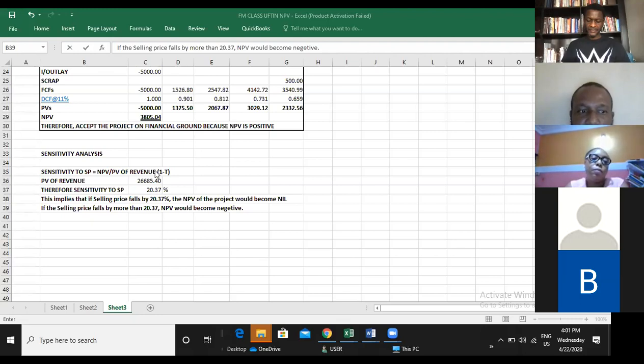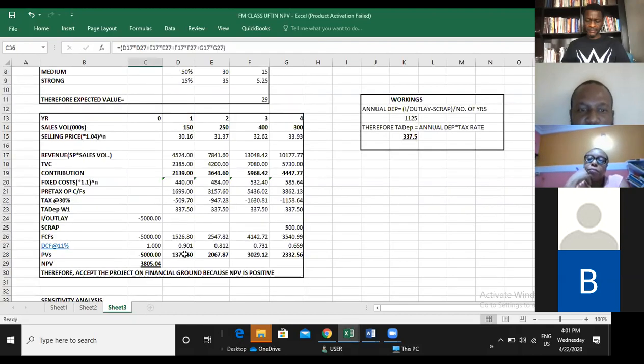The present value of revenue was what we calculated. If we go back up, it will be the revenue figure in our formula sheet.